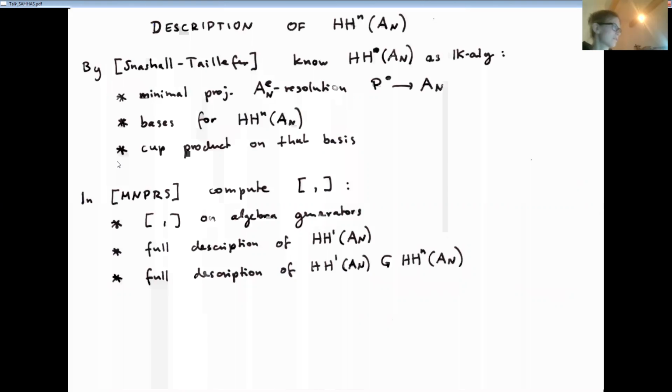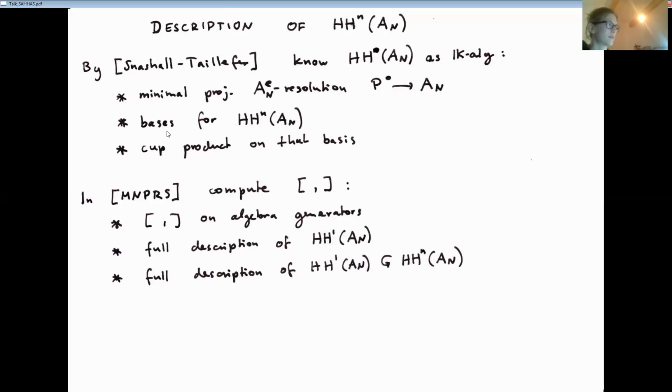So let me first give you the overview of what happened. The story before we entered the scene was that Snashe and Taipei had already computed the Hochschild cohomology of these special biserial algebras as K-algebras. They gave a really nice minimal projective resolution.